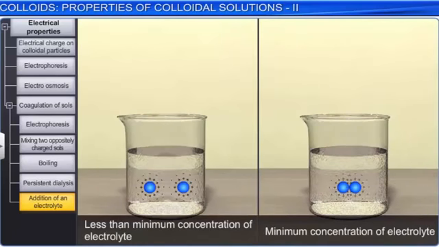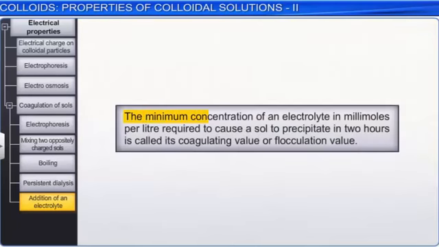The minimum concentration of an electrolyte in millimoles per liter required to cause a sol to precipitate in 2 hours is called its coagulating value or flocculation value. It is important to note that the smaller the flocculation value, the greater is the coagulating power of the electrolyte.